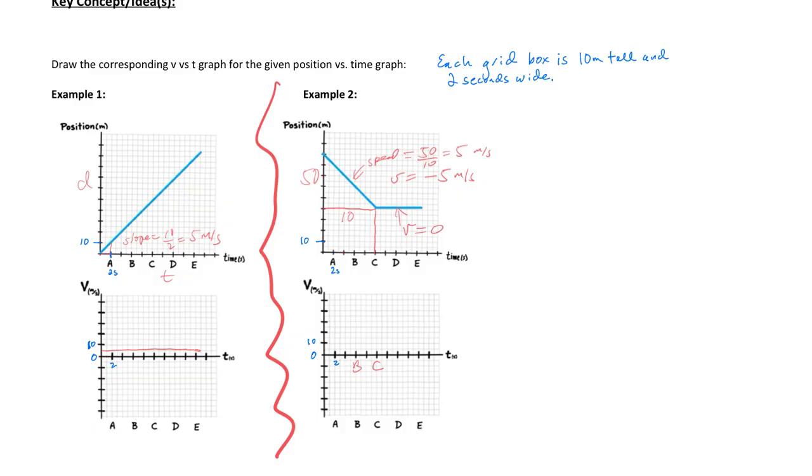So here's negative 5, then it'll jump to 0 velocity. Okay?